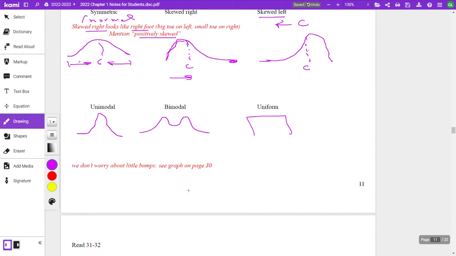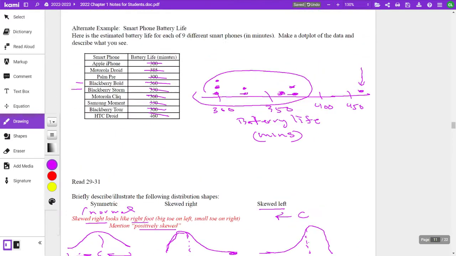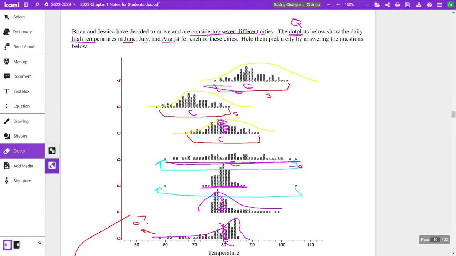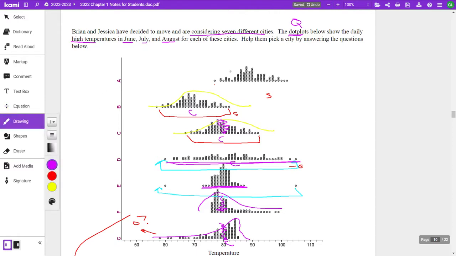When you're dealing with dot plots, don't worry about the little bumps. You sketch it, you don't trace it. So I'm just going to show you on this one here. We've got this dot plot right here, and when you sketch these, don't follow the curve like this.